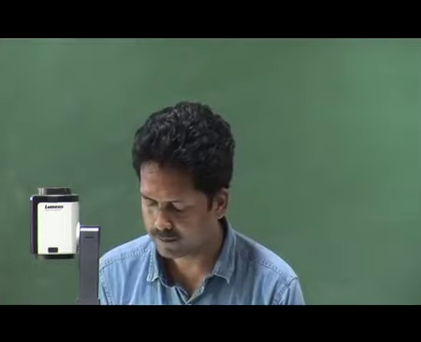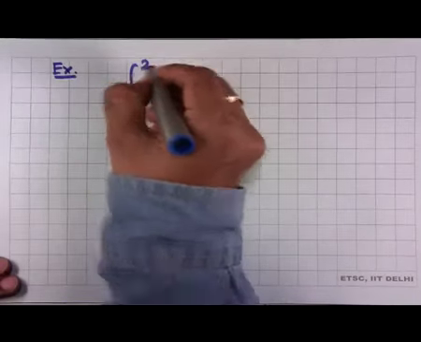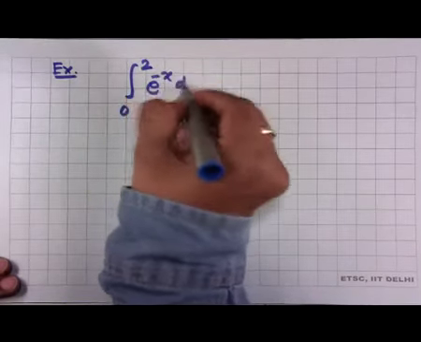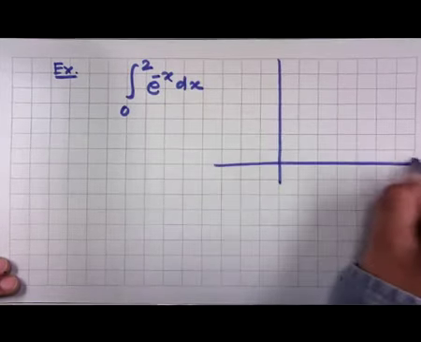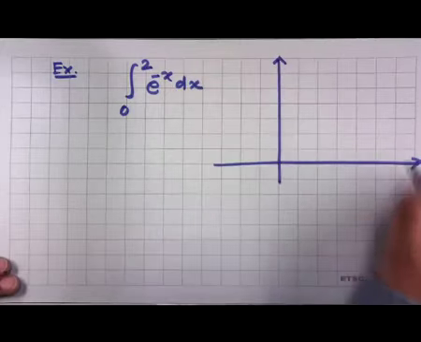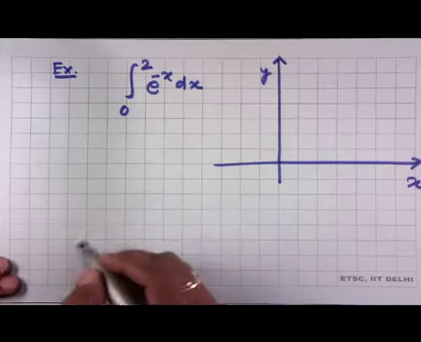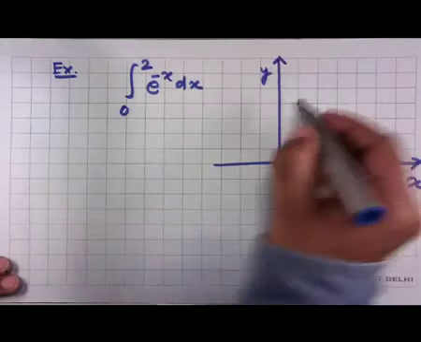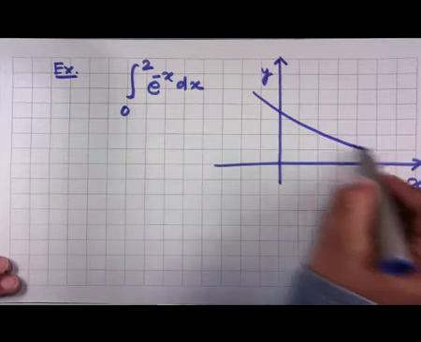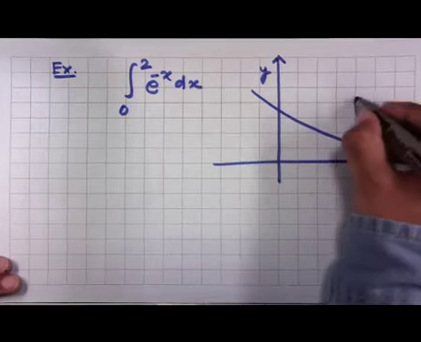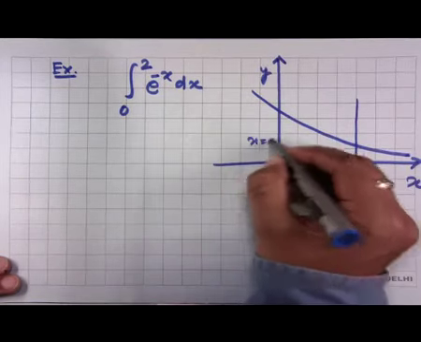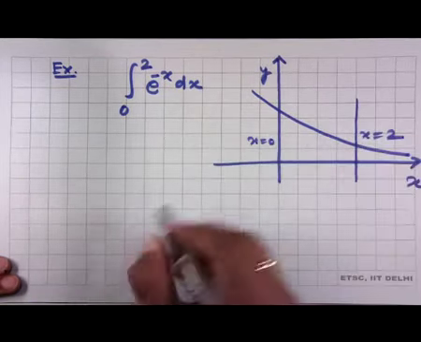The example is the integral from 0 to 2 of e to the power minus x dx. This is the x axis, this is the y axis, then e to the power minus x will be this curve. Say this is x equals 0, this is x equals 2.